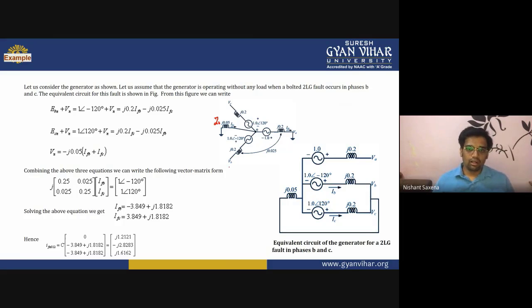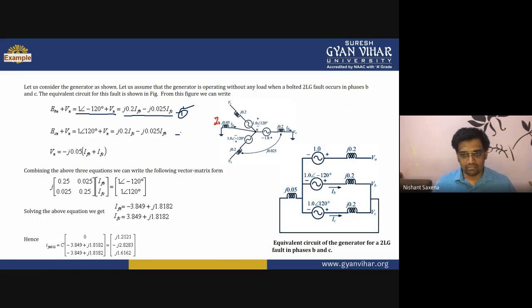So from this figure I can write that EBN plus Vn will be equal to 1 angle 120 degrees plus Vn. Therefore, when I substitute the values, I will get this equation. Let us assume it as equation number 1.